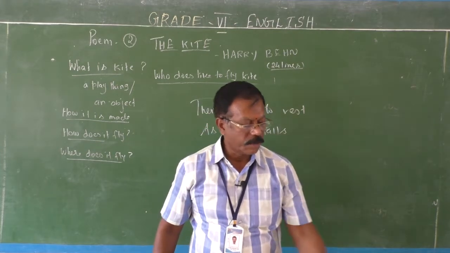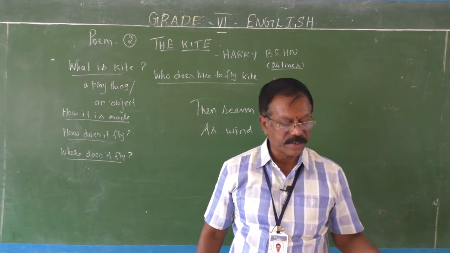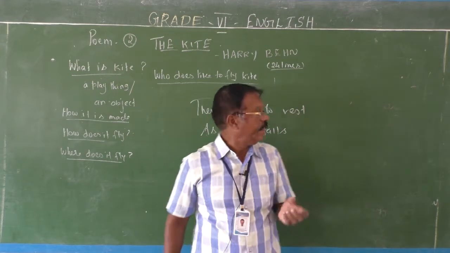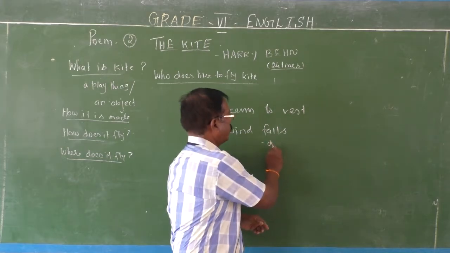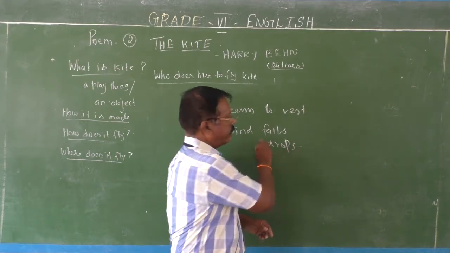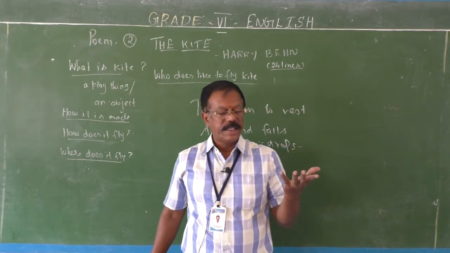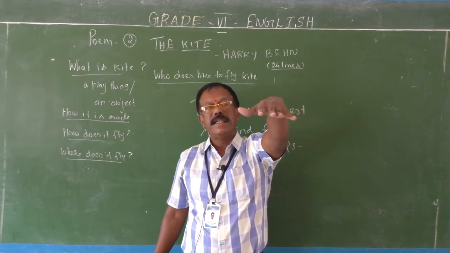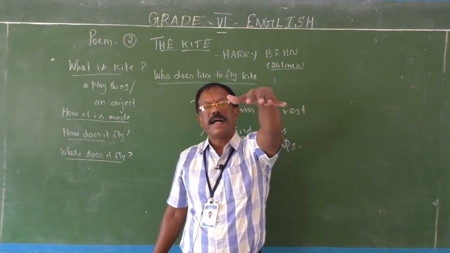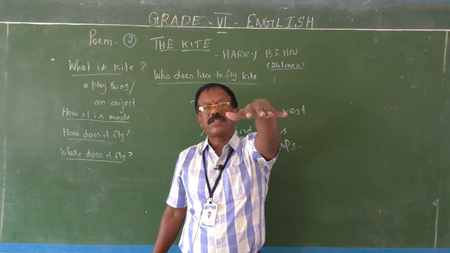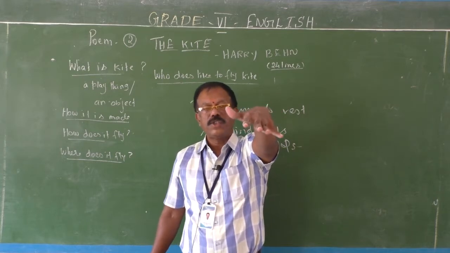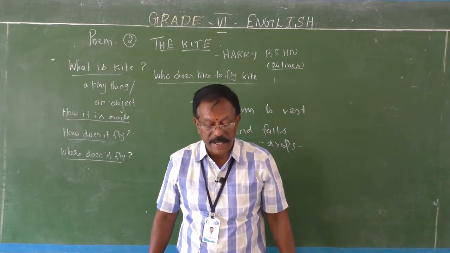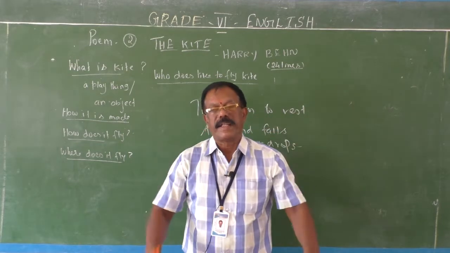So the poet says very beautifully, when the wind drops, the kite slips into rest mode. Falls means drops. At that time, without rising higher, it just starts to float at the same height. Now the poet says that it takes some rest.